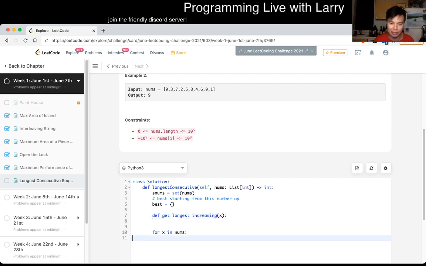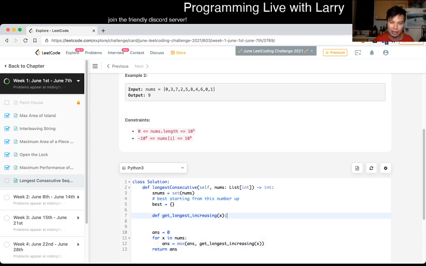And for x in nums, yeah, okay. So then the answer is equal to 0. Answer is equal to max of the current answer or get longest increasing of x. And then at the end we return answer.